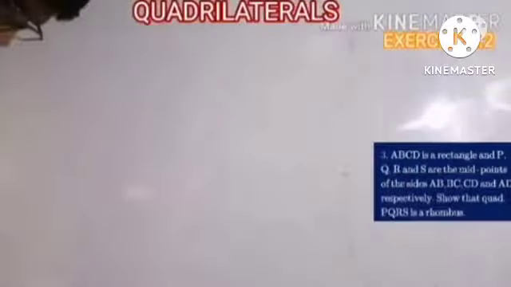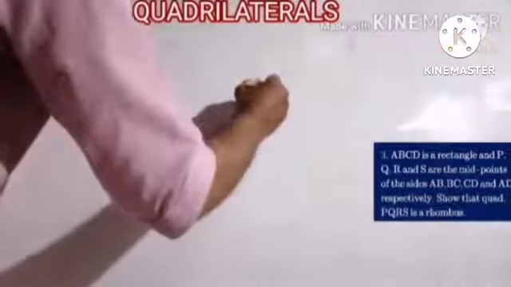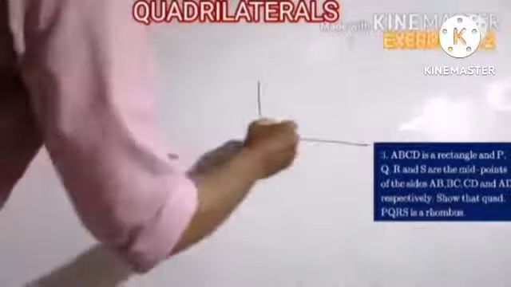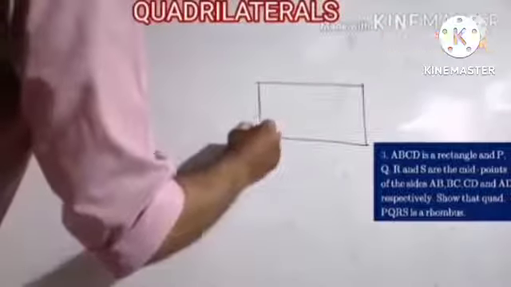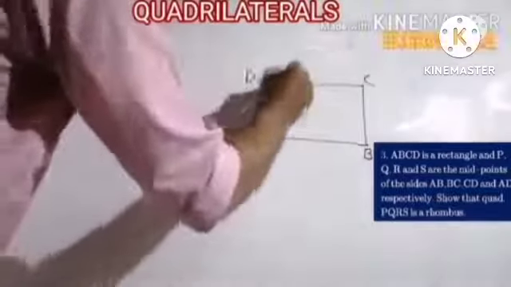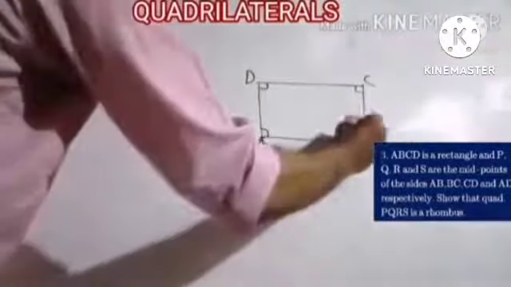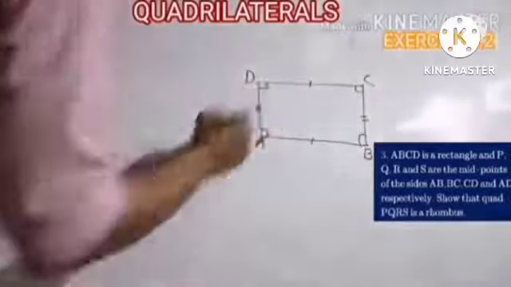Now children, next question number 3. ABCD is a rectangle and P, Q, R, S are midpoints of sides. See the question. Here ABCD is a rectangle. We know that in a rectangle all angles are 90 degrees and opposite sides are equal and parallel.